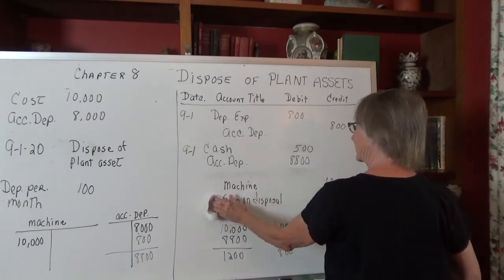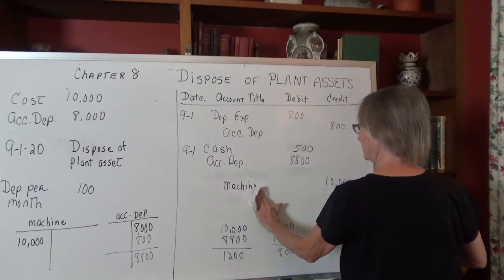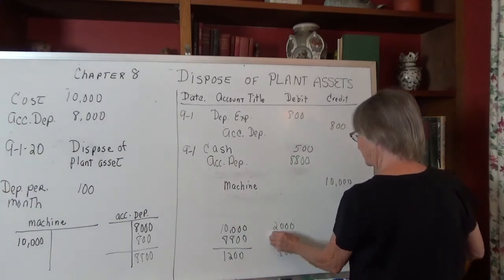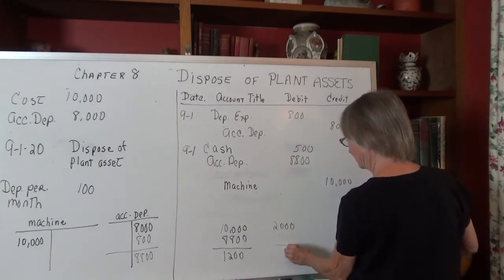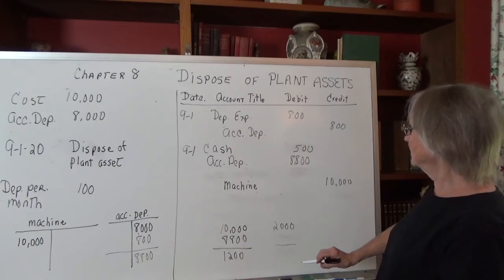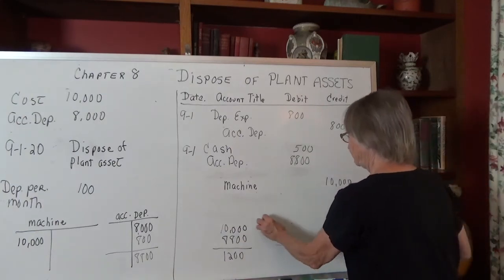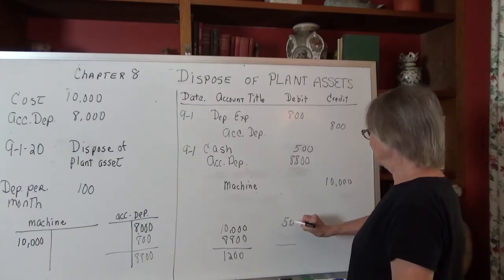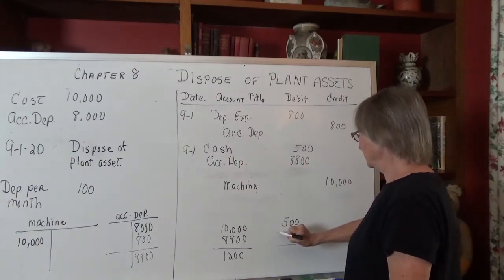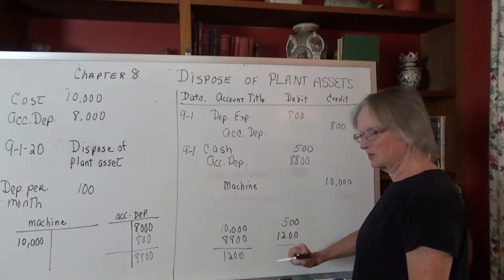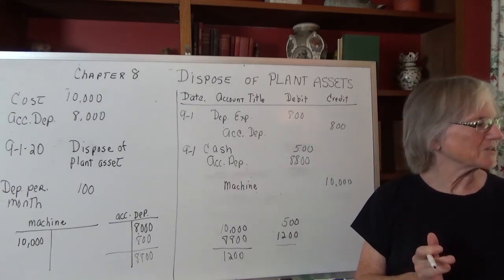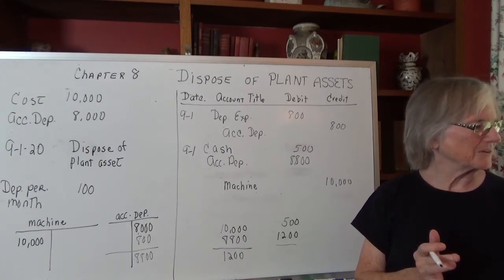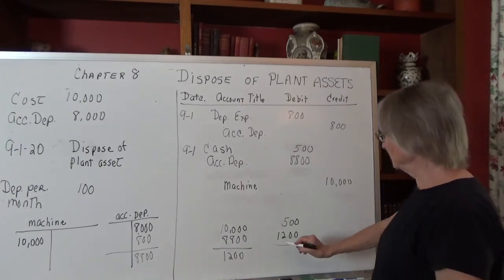The book value is still 1,200, but now we've got 500 proceeds minus the 1,200, so we end up with a loss on this one, a loss of $700.